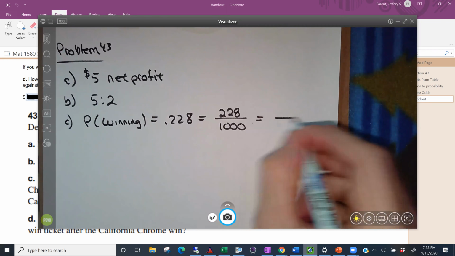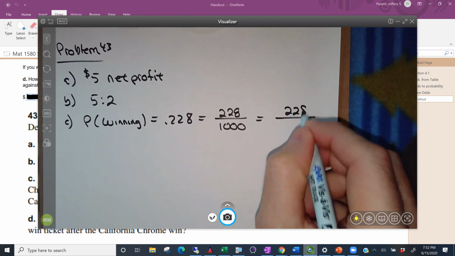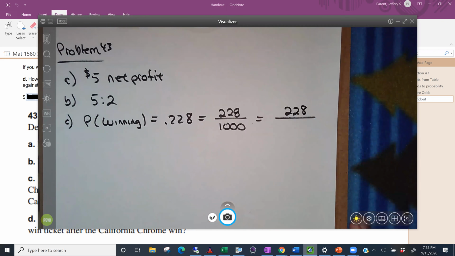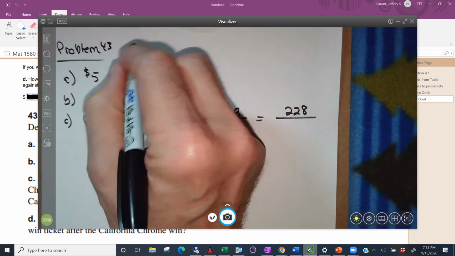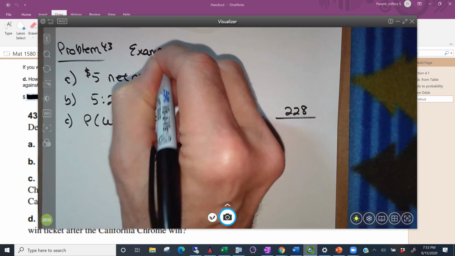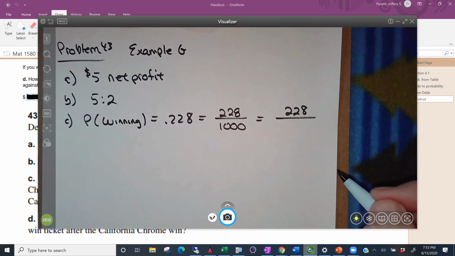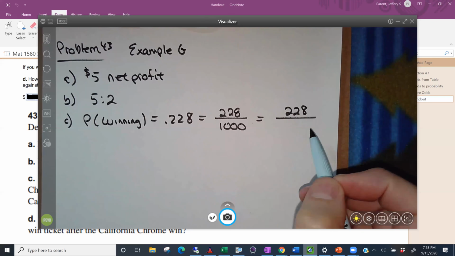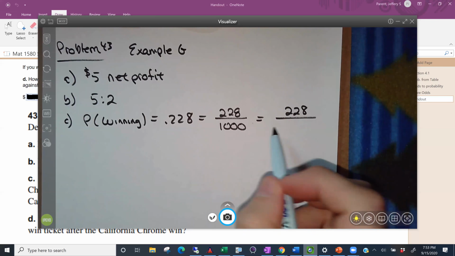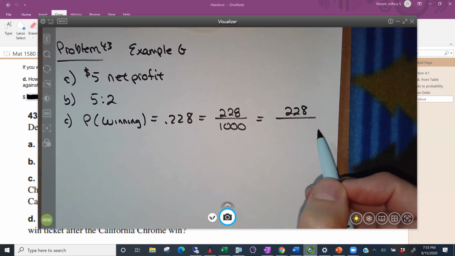Now let's break this up. Remember how we broke it up earlier? We've done 2 examples like this, in examples E and F, and we'll call this one example G. What do you think I should do with the denominator? How should I rewrite it?